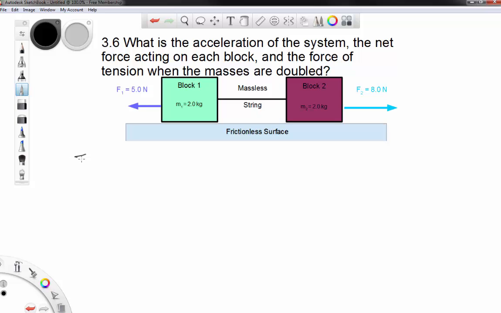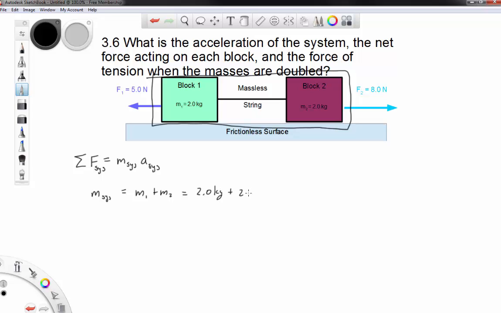So we start off by saying that the sum of forces for the system is equal to the mass of the system times the acceleration of the system. The system in this case we're going to define to be this pair of blocks taken together. So the mass of the system is the mass of block 1 plus the mass of block 2, which is 2.0 kilograms plus 2.0 kilograms, or 4.0 kilograms.